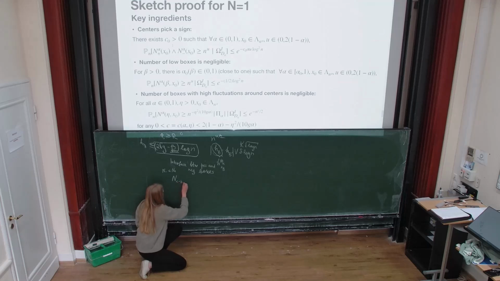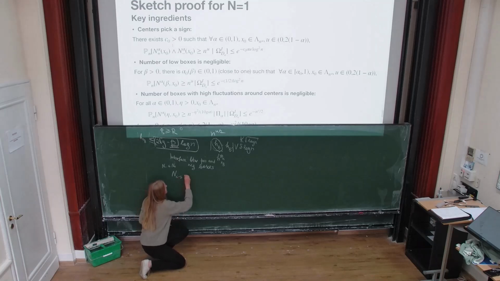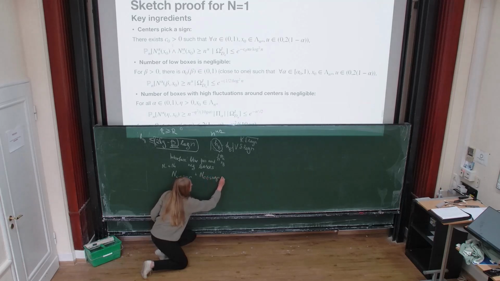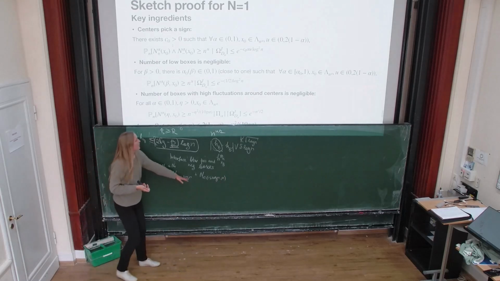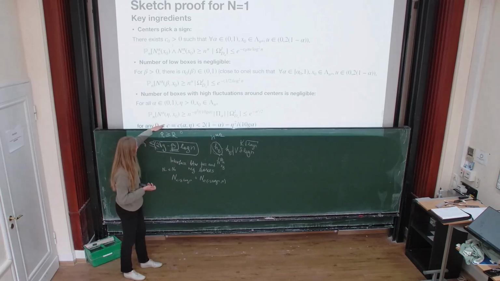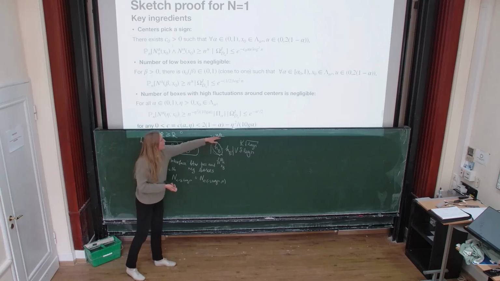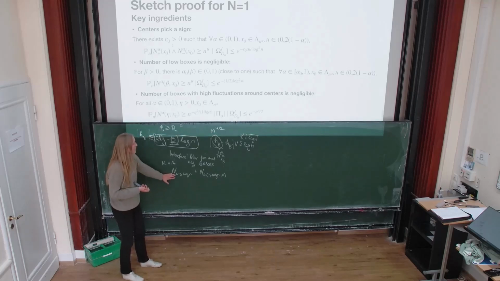So we are looking at the points where the field at the centers is smaller than minus delta log n, and the ones where the field at the centers is between minus delta log n and 0. So this sum, if I only look at the negative parts at the interface, would give me order n to the half points for both of them. And to show that this is small is very easy.